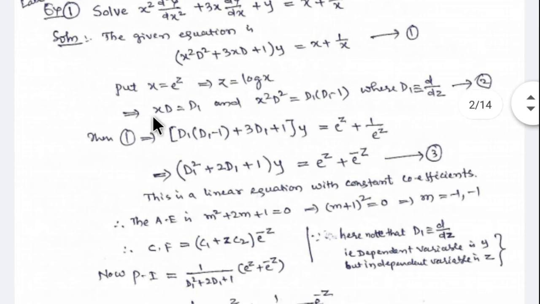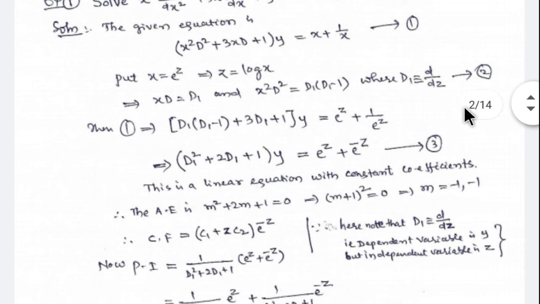According to the procedure we have discussed above, in place of xD you write D1, and in place of x square D square you write D1 into bracket D1 minus 1, where D1 stands for d by dz. This is equation 2.